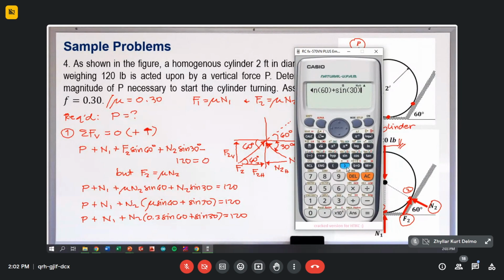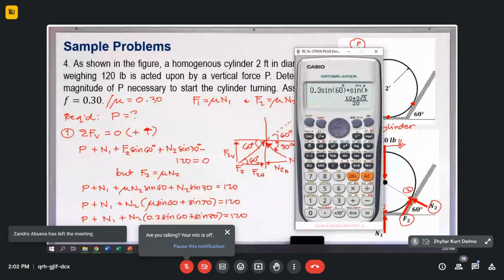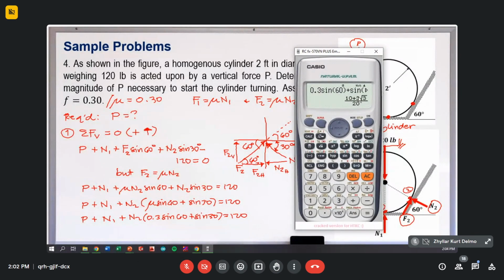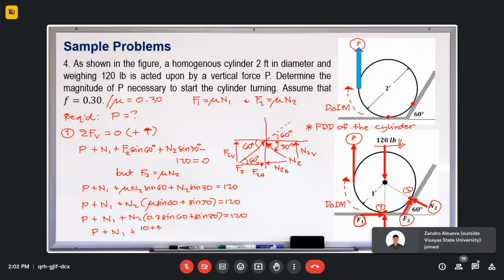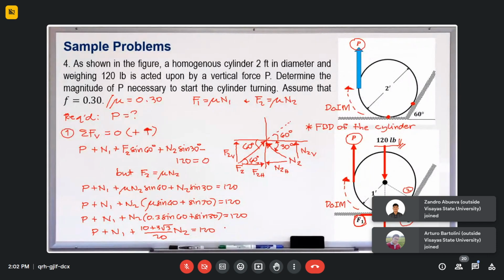So, we have 10 plus 3 square root of 3 over 20. So, P plus N1 plus 10 plus 3 square root of 3 over 20 N2 is equal to 120.